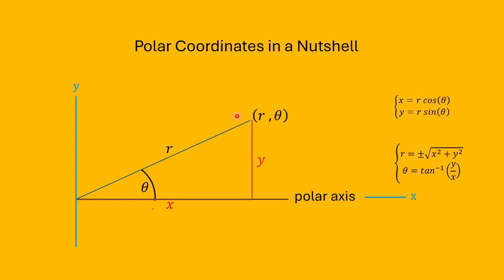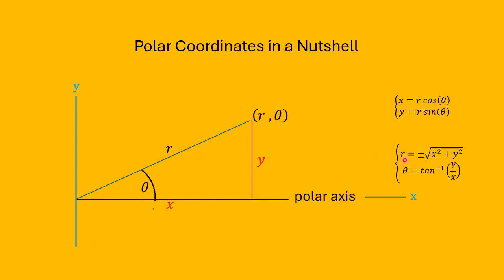And we notice that we have a right triangle here with hypotenuse r. From this, we can see that x has to equal r cosine theta, and y has to equal r sine theta. Also, using the Pythagorean theorem, we can see that this r distance, the hypotenuse distance squared, is equal to x squared plus y squared.